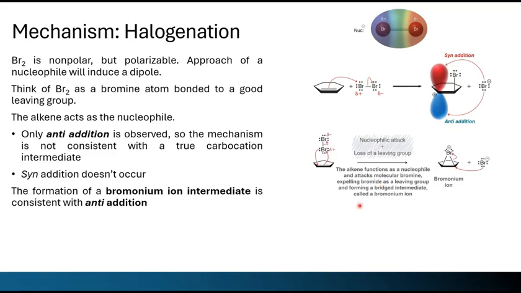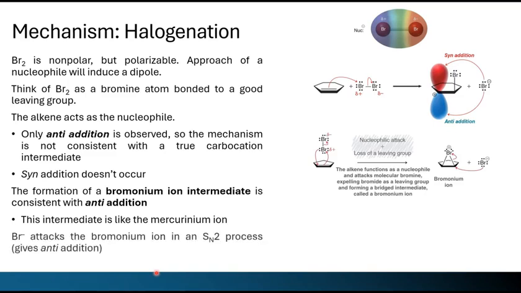So we have the nucleophilic attack and the loss of a leaving group. Whenever we have this process here, the alkene functions as a nucleophile and attacks molecular bromine, expelling bromide as a leaving group and forming a bridged intermediate called a bromonium ion. The intermediate is kind of like the mercurinium ion, and we can see attack then on one of the carbons from the opposite side, or the anti-addition.